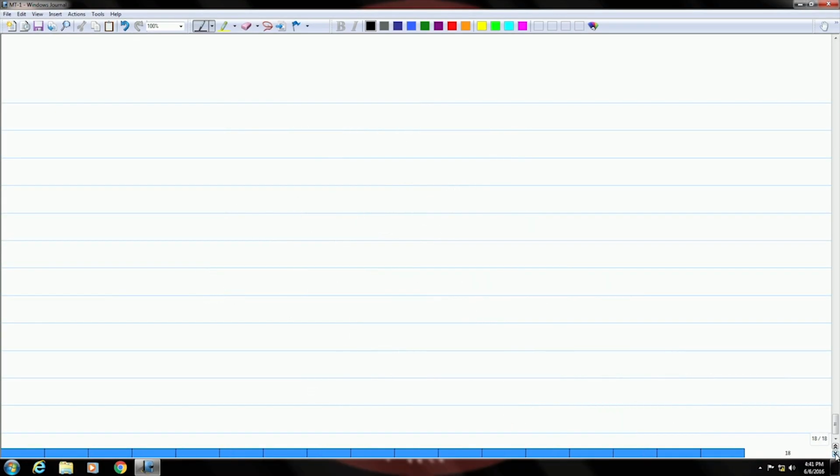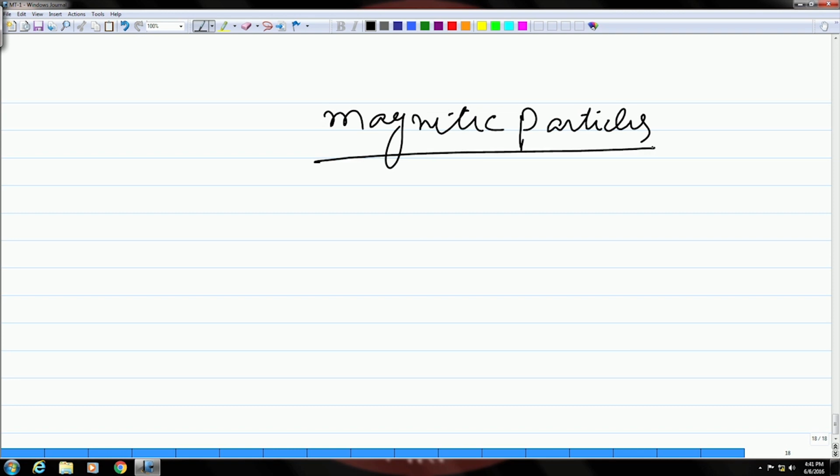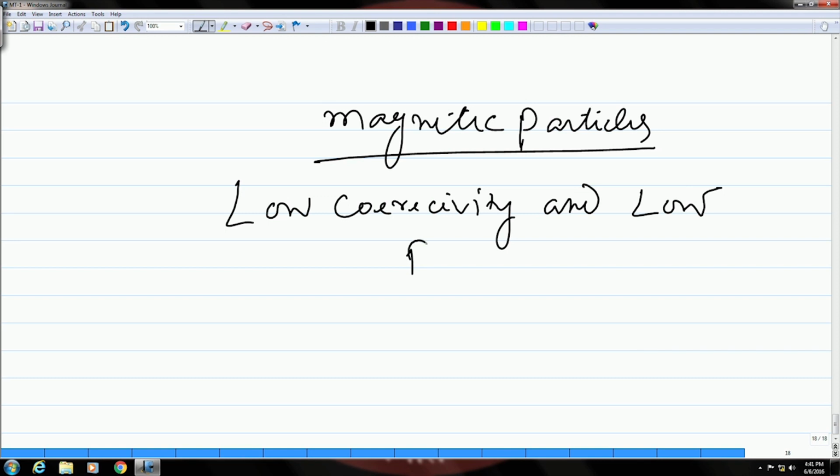And the other property that these magnetic particles should have is low coercive field and also low retentivity.